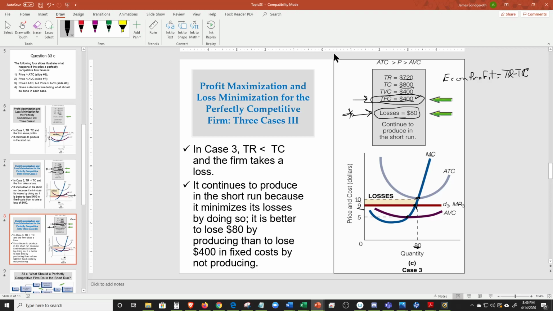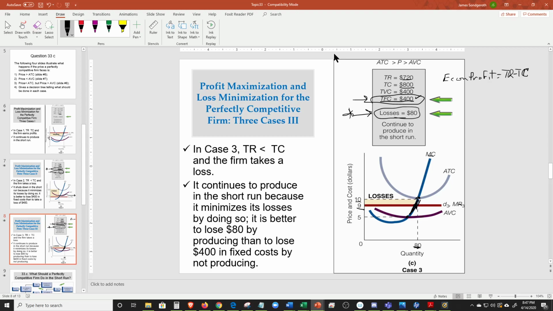So at any price between the low point of the average variable cost curve and the low point of the average total cost curve, in this range here, the firm is losing money, but it's losing less money than if it shut down. So it will stay operating in the short run in this range here.